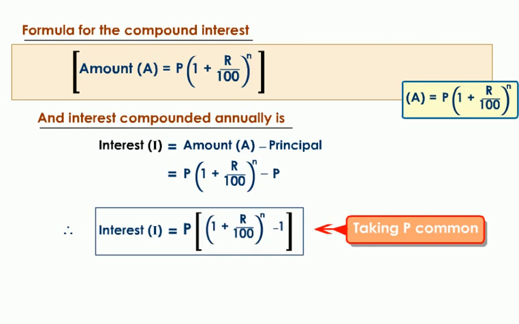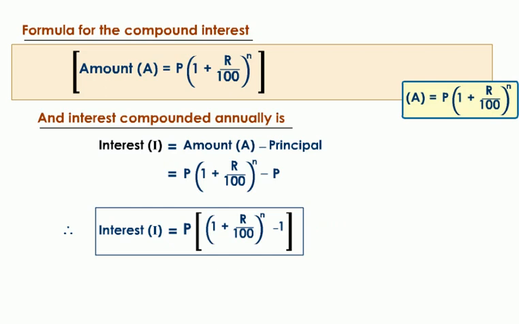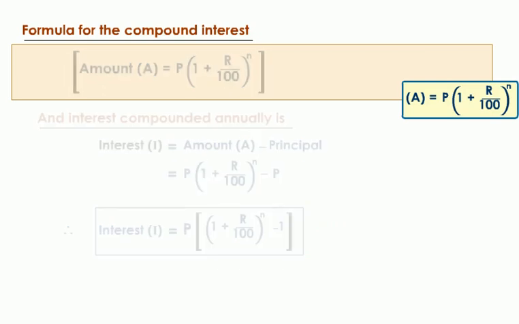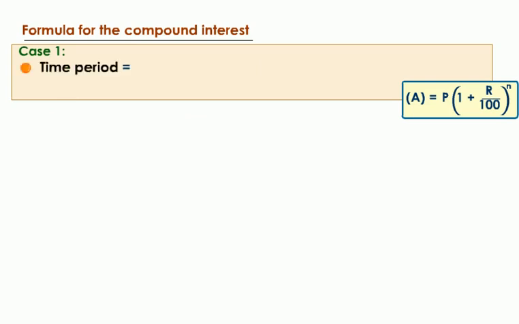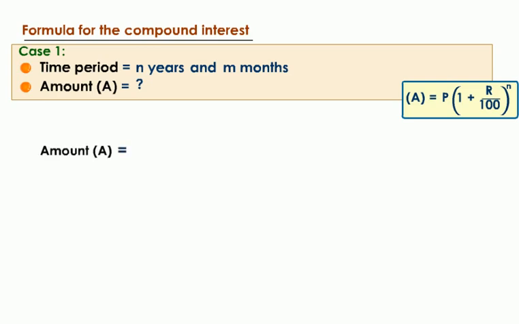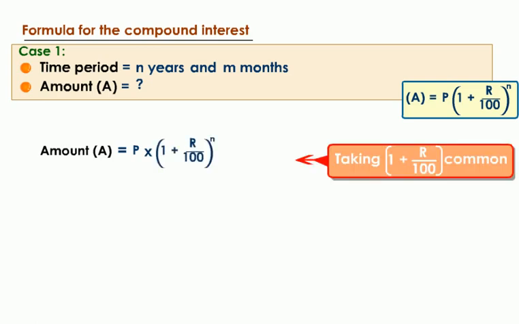The other forms of the formula are: case 1, if the time period is n years and m months, then the amount at the end of the stated time period is A equals principal into 1 plus rate divided by 100 whole to the power n plus P into 1 plus rate divided by 100 whole to the power n into m divided by 12 into rate divided by 100.